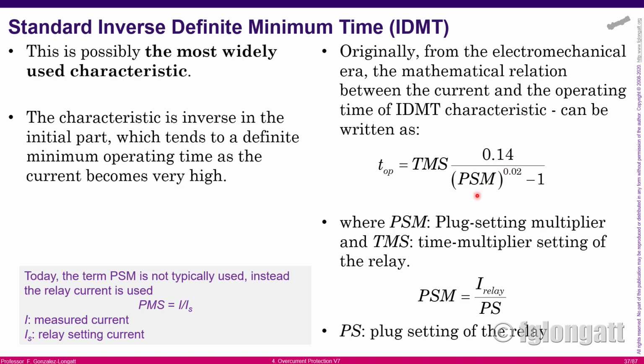Another characteristic, here in the denominator, lets you coordinate the current that is moving inside the relay, and that is what we call the plug setting multiplier. In some countries, they call it the current multiplier. What is interesting is that this was the original idea of using a current-time characteristic that can be expressed by an equation.